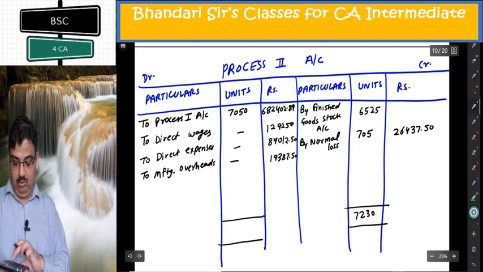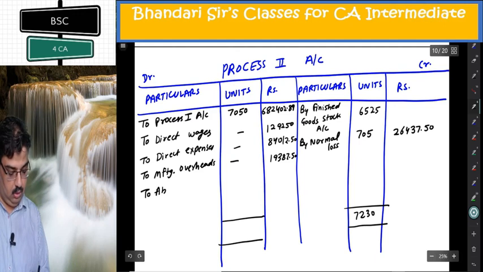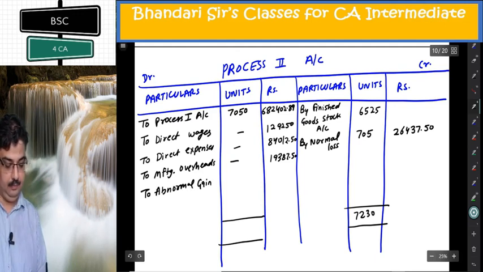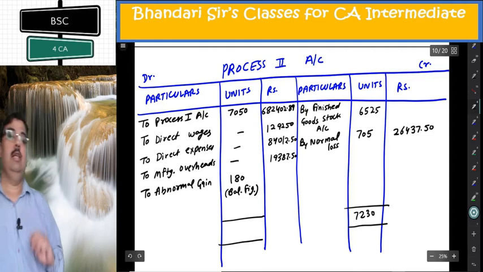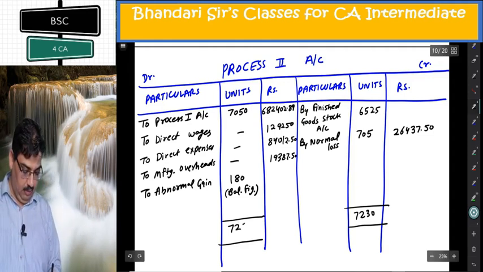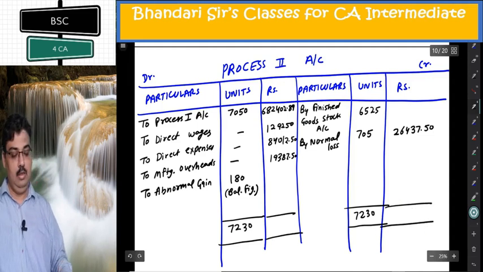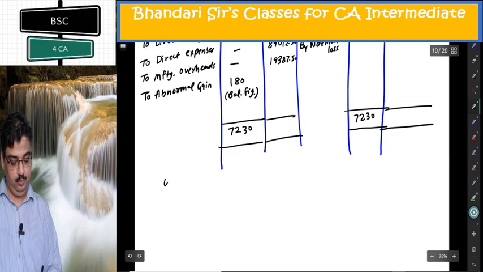So the balancing figure is abnormal gain, to abnormal gain, 180 units. This is the balancing figure. On the debit side is gain, on the credit side is loss. 7230. Now this is also going to be put at valued cost. They are based on working note 2.